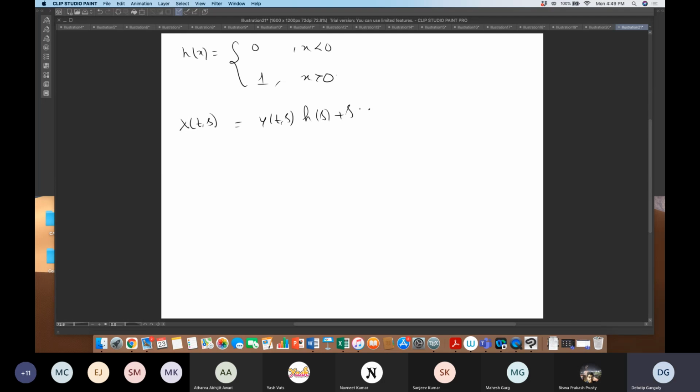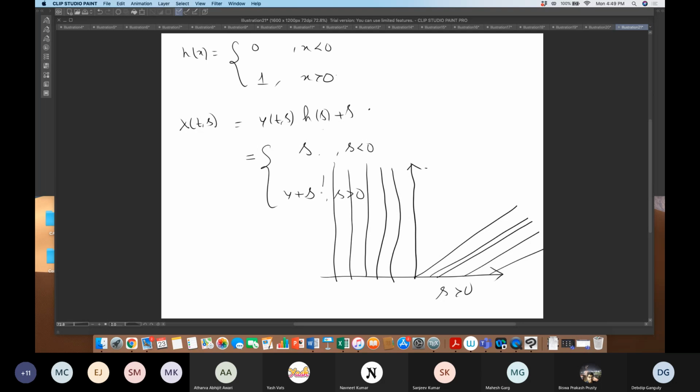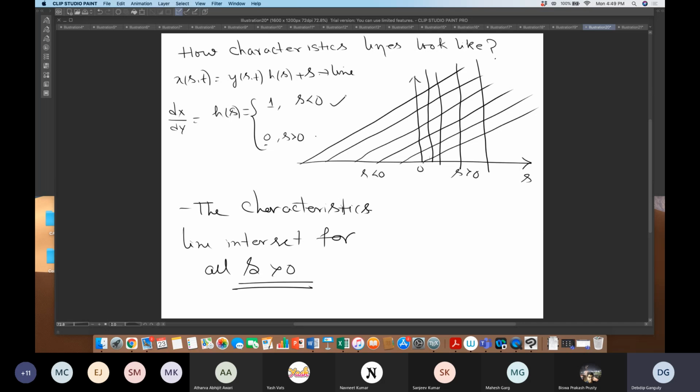If you draw the picture, for s negative and s positive, again it's a straight line with slope 1 and a vertical line, and there is no intersection. But if we take this other type of discontinuity, it has an intersection.